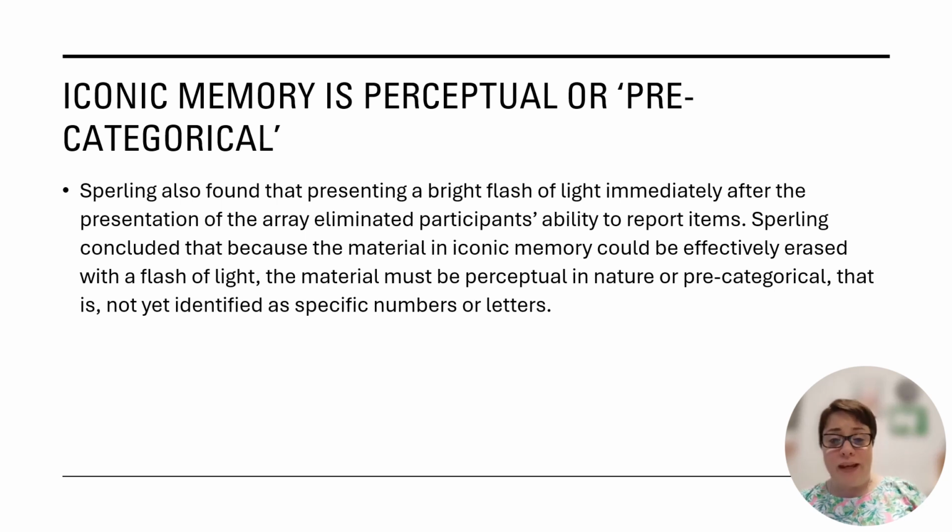Sperling concluded that because the material in iconic memory could be effectively erased with the flash of a light, the material must be perceptual in nature or pre-categorical. That is, not yet identified as specific numbers or letters.